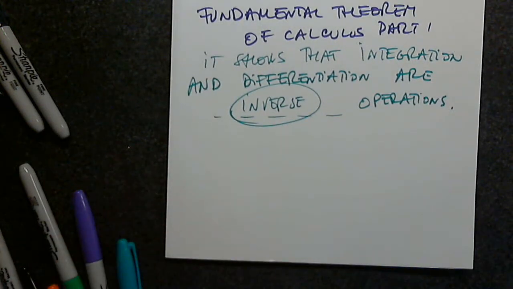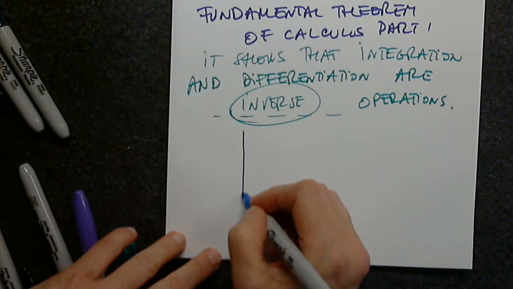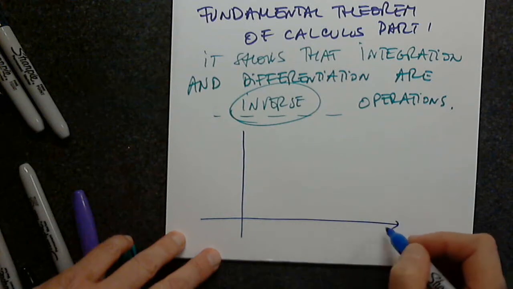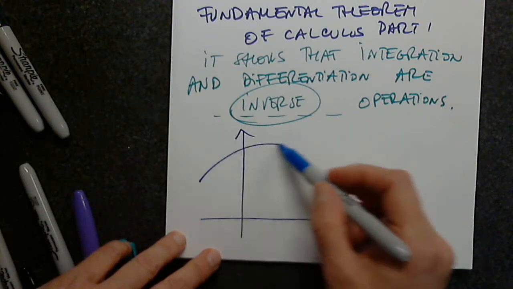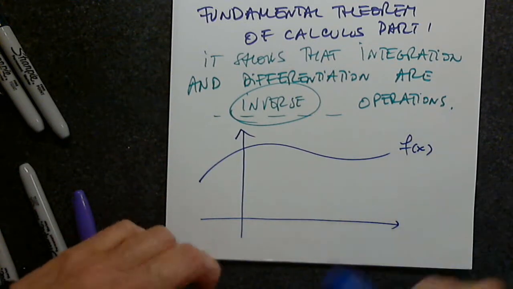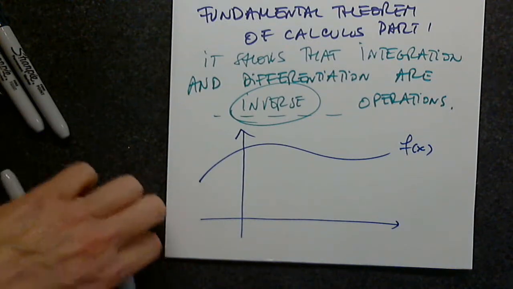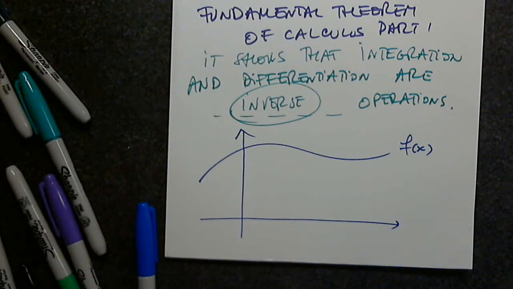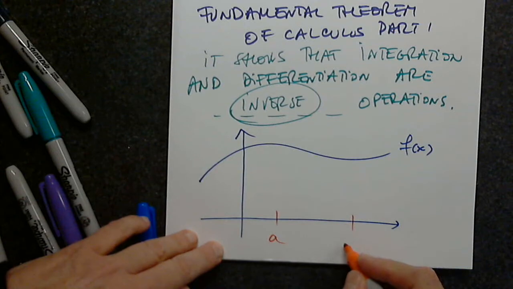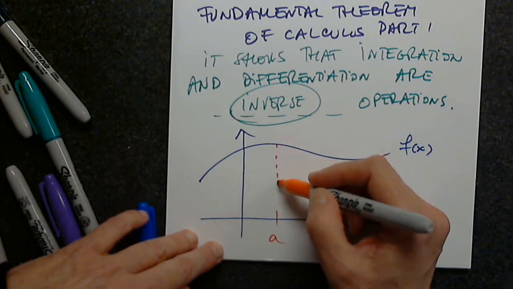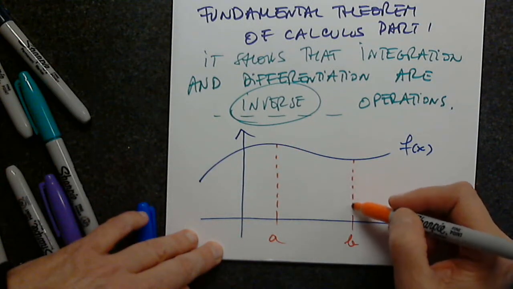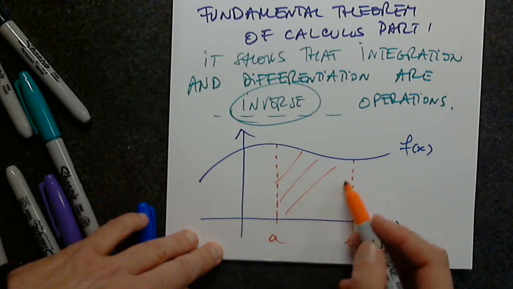Okay, so let's illustrate this. Here's a function. Here is an interval. Can anyone tell us what this represents?